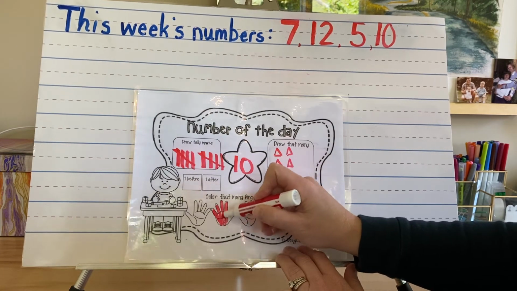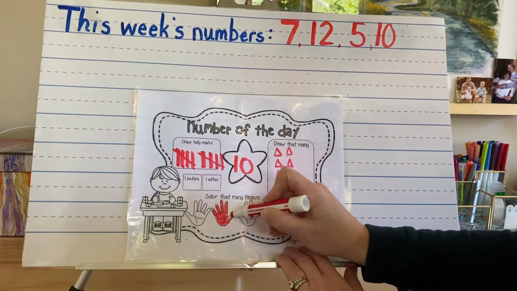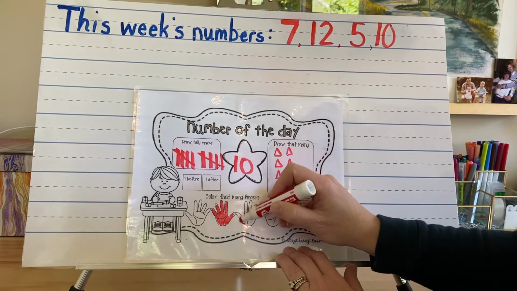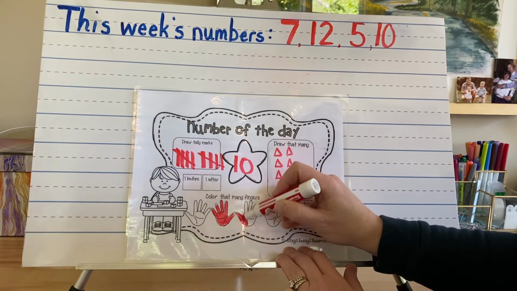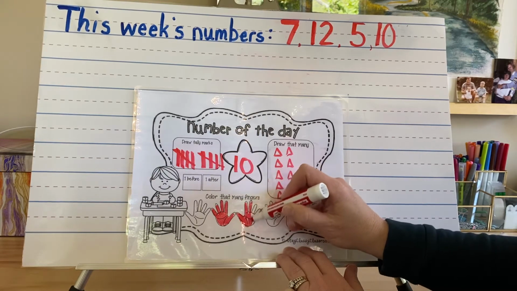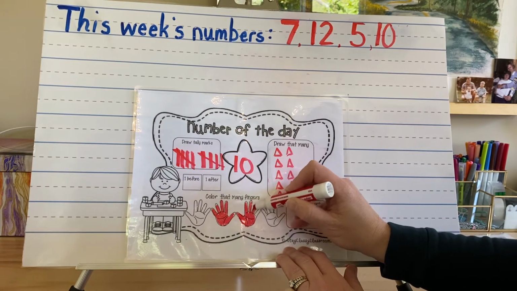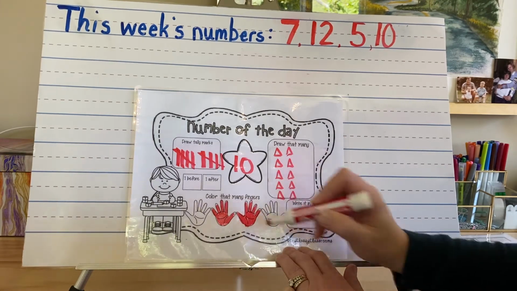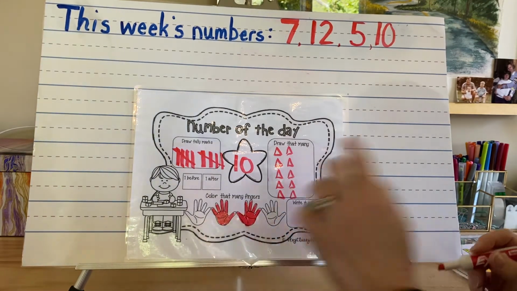There we go. One hand, that's a group of 5. And here's the other hand. For our group of 5, 5 and 10.